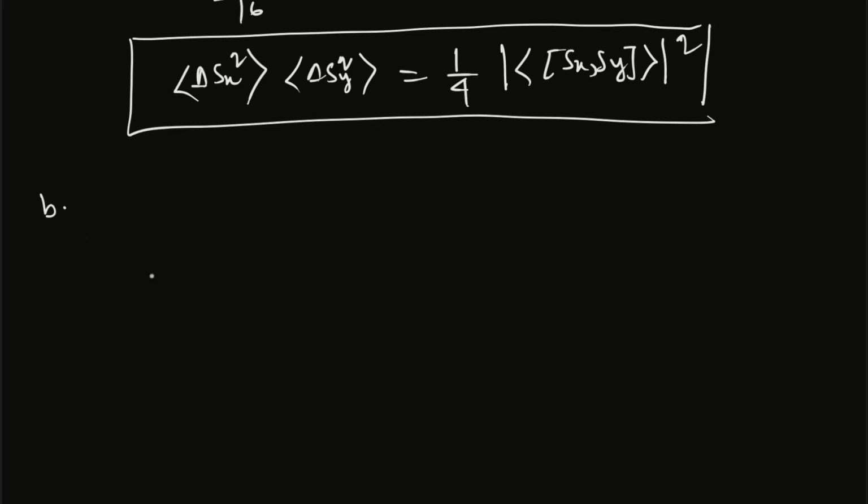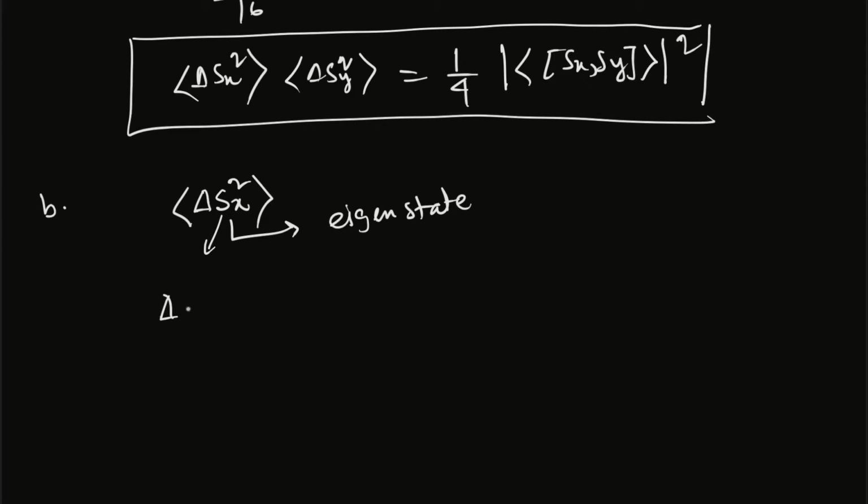First let us calculate in B what will be the dispersion of Sx square in its eigenstate. Since there will be no uncertainty in measuring the value corresponding to the observable Sx in its eigenstate, that means ⟨ΔSx²⟩ equals 0.